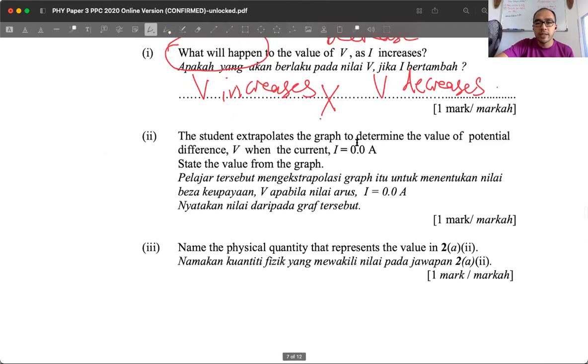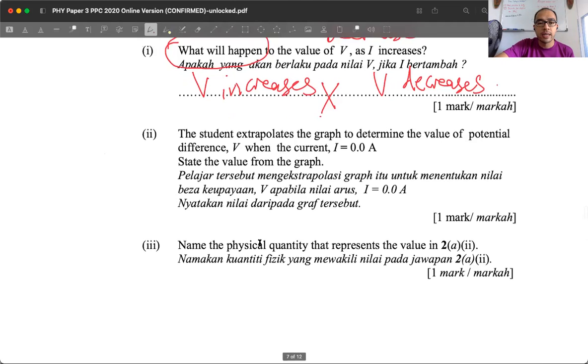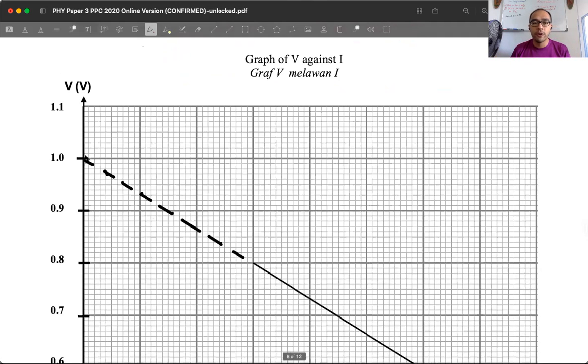Okay, student extrapolates the graph to determine. So very nice, the student already extrapolate for you, which is actually me lah. In a normal setting, this is a very unusual question because you're doing this exam online. You are supposed to extrapolate yourself and then you get the answer is 1.0 m.